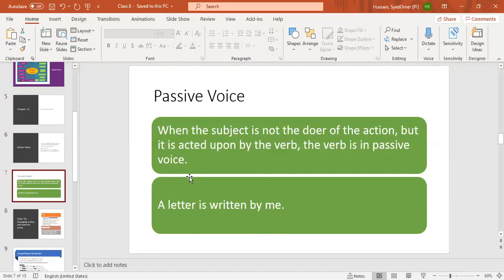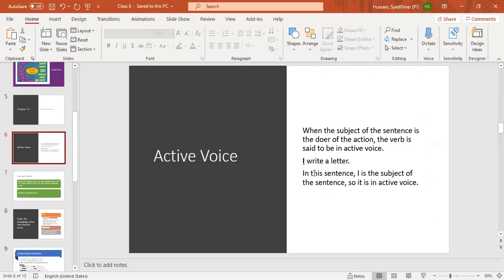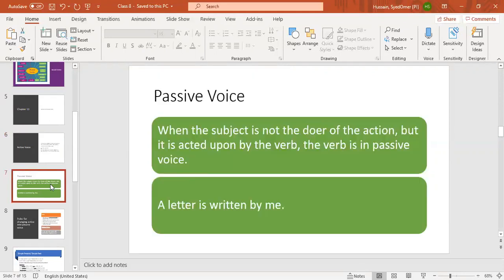So whenever the sentence is in this form, in which the subject is not doing the action, then the verb is in passive voice. For example, in the first example, I write a letter. Now how I've changed it: a letter is written by me.